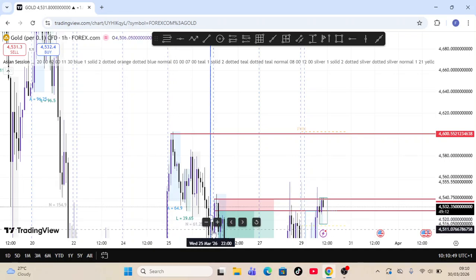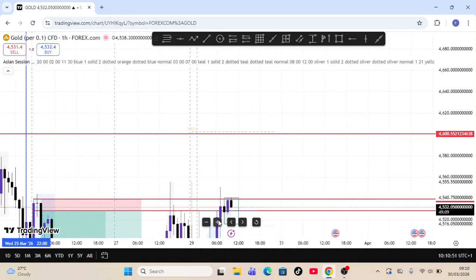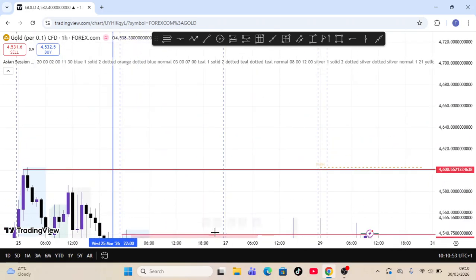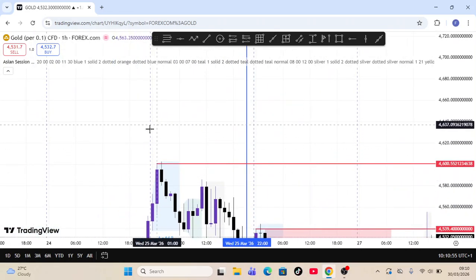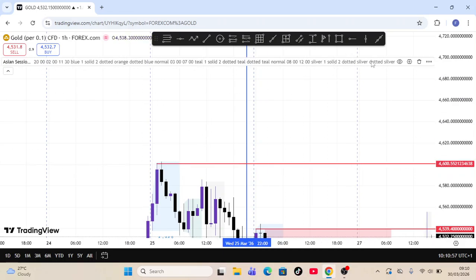And let's narrow down. You can see somebody will say it has not swept. Look at it very well. It has swept. And you what?